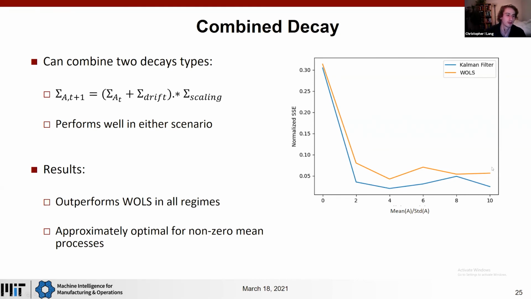This means that we are both approximately optimal when we have non-zero means, and when we have zero means, we still perform pretty well and still better than WOLS. I think this is a pretty good solution to modeling the drift or the decay of the system, even though we don't have a perfect closed form optimal solution to it.